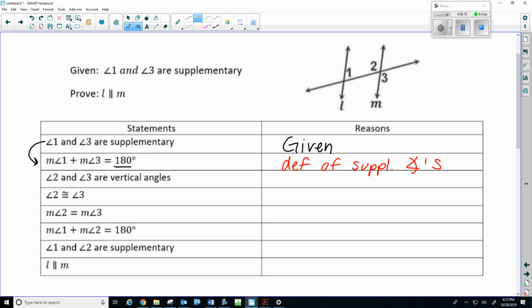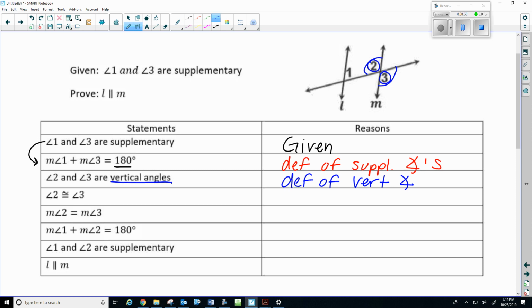When we move down to angle 2 and angle 3, our vertical angles, we look up here and we see angle 2 and angle 3 right here. We could say this is the definition of vertical angles. Now the difference between the definition of vertical angles and the vertical angles theorem is going to be, even though we're looking in the picture to see that they are vertical angles, we actually have the words vertical angles written out, because your definition states that their location, being across the vertex, makes them vertical angles.